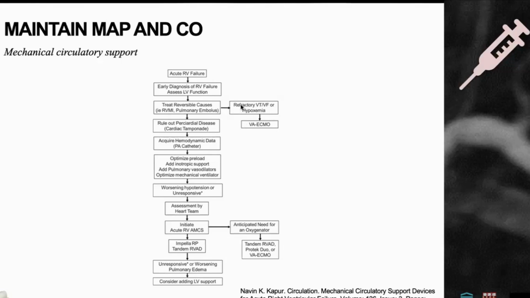But if they're holding their own from a respiratory standpoint, then you can start thinking about things like a tandem RVAD or a Protect Duo. Before you do all that, you want to make sure that they're also not in LV failure at the same time. You do that by getting an echo, by looking at the PA catheter, by looking at the hemodynamic parameters themselves.